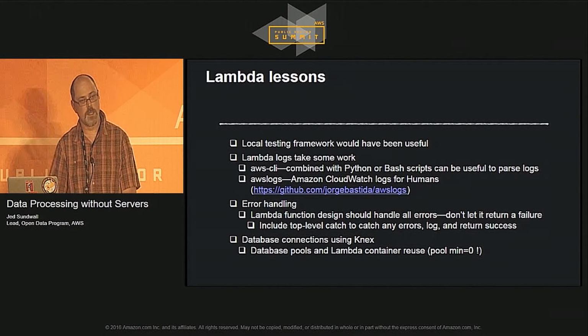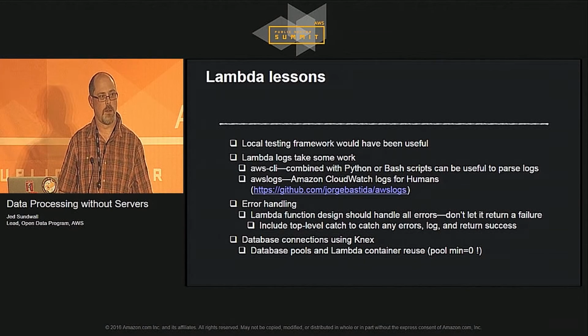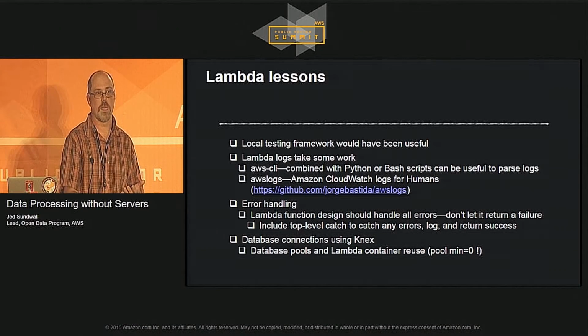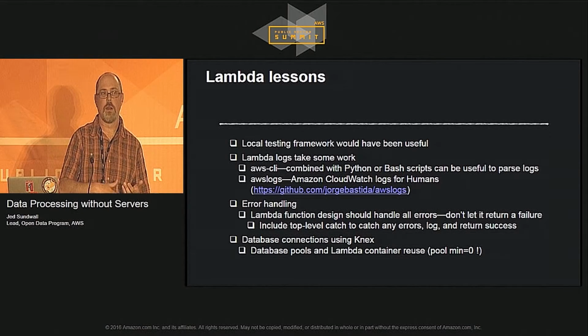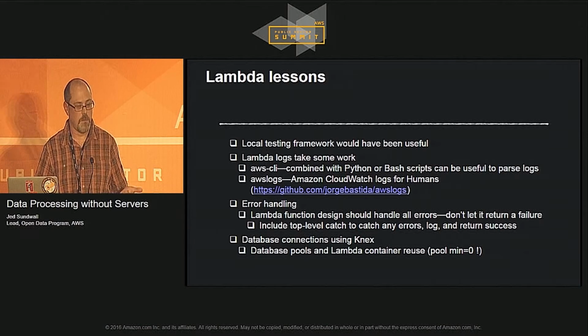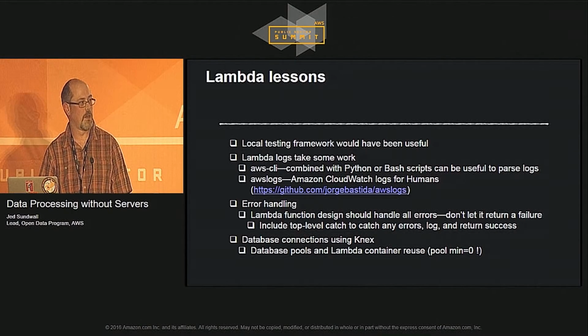What we ran into was a case where we kept getting these database connection errors because we had our minimum pool size set to 1. So it tried to force keeping this database connection open in the same container until the container expired, and so it kept on failing. Once we dropped that down to 0, which basically says we don't need to keep this connection alive anymore, it worked.